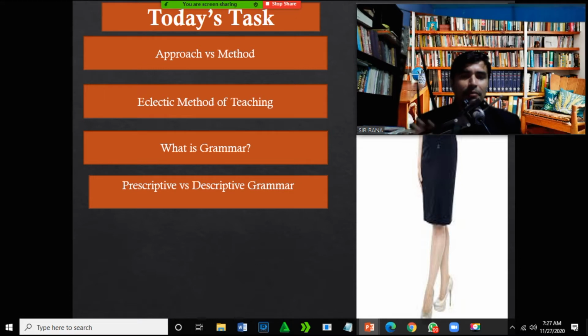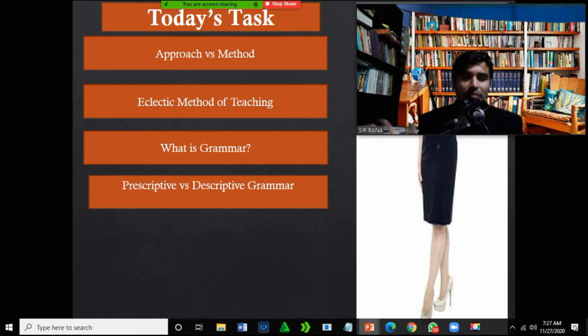Descriptive grammar focuses on how people use language, how people speak, and it takes data and describes it, rather than imposing rules of prescription. In descriptive grammar, you have to evaluate how people use language, and describe the language accordingly.